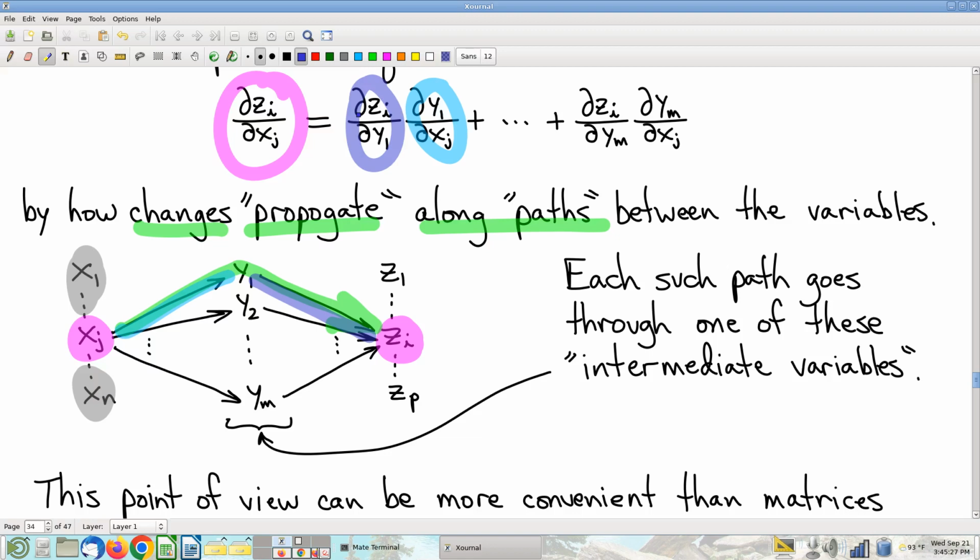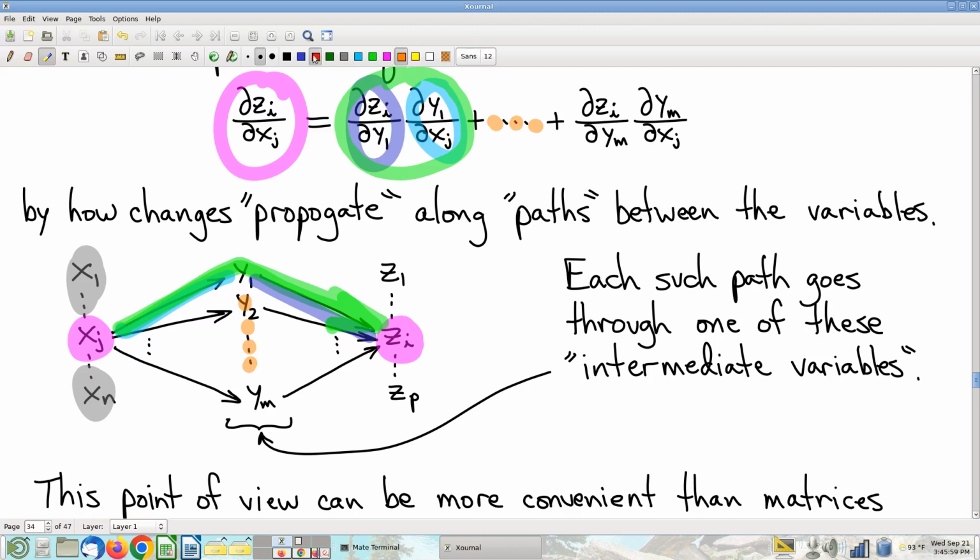So what I think is a nice and satisfying point of view here is that this term in the multiplied out, variable point of view on the chain rule corresponds to this path between the variables in question. And then et cetera for the others. There's a bunch of other paths between xj and zi.